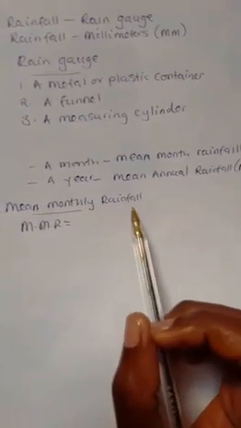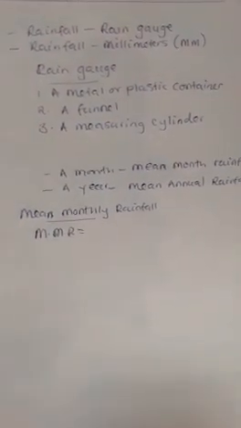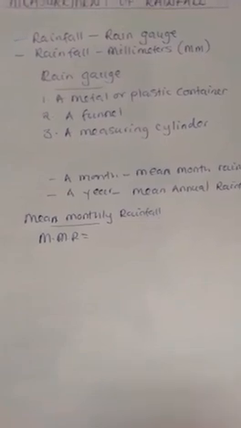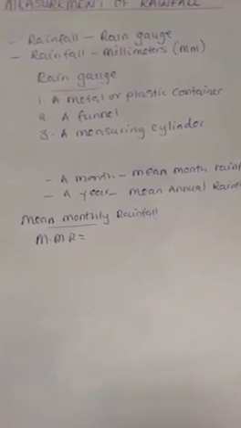The mean monthly rainfall is the total amount of rainfall received in each day of the month, divided by the number of days in that month.